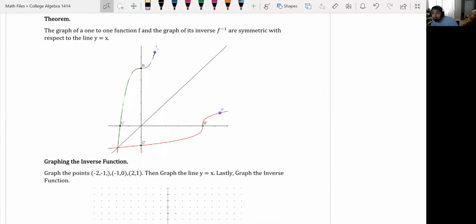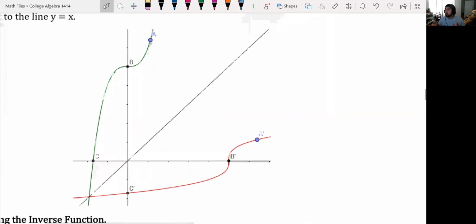And if you graph them both on the same plane, then you will notice that the inverse function and the original function are symmetric to the line y equals x, as shown in this lovely picture below. So your one-to-one function and its inverse, if you graph them together, are symmetric about this line, y equals x.